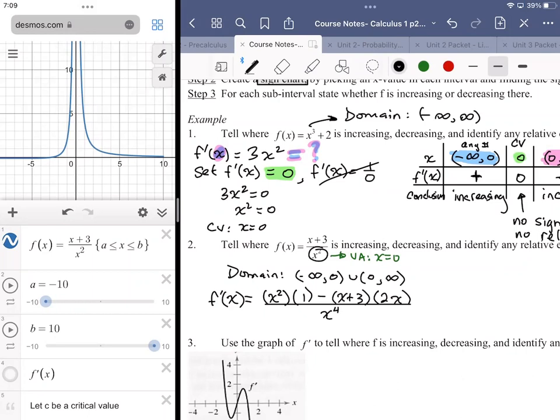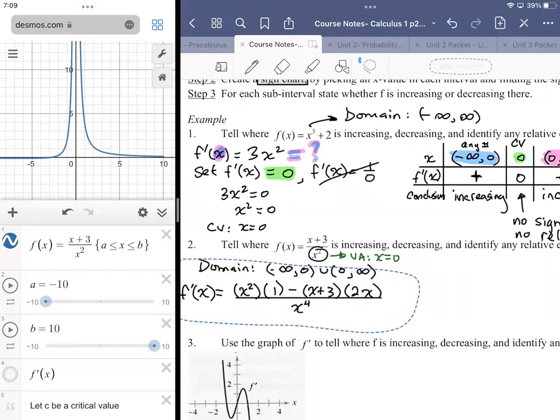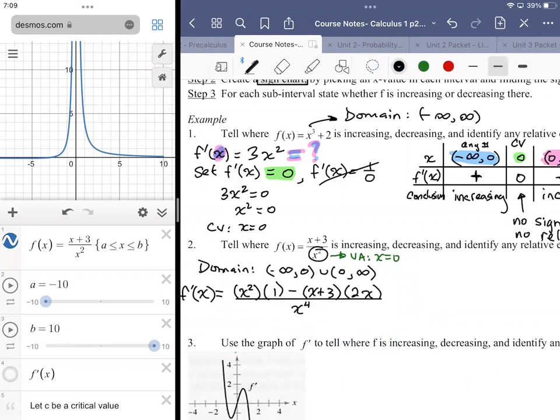Now, in the previous unit, when we were finding derivatives, we didn't have to simplify because it didn't serve a purpose. Now it serves a purpose because we have to solve here in order to find critical values. So I'm going to clean it up a little bit. x squared minus 2x squared plus 6x over x to the 4th.